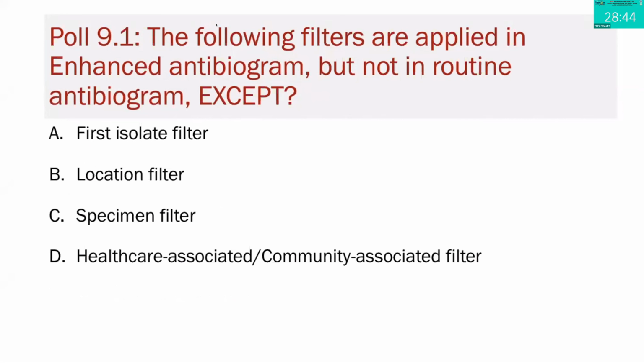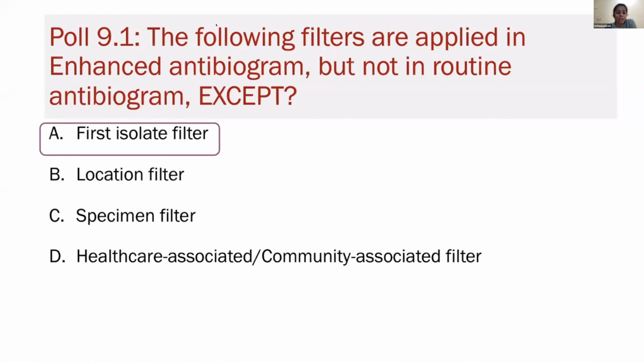Okay, so yeah, it is the first isolate filter. Now sir has explained what are the various levels of filters you can apply to generate an antibiogram. In your routine antibiogram there are two filters which you will apply, that is the first isolate filter and the organism specific filter.